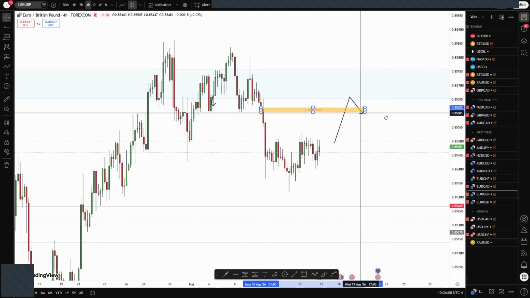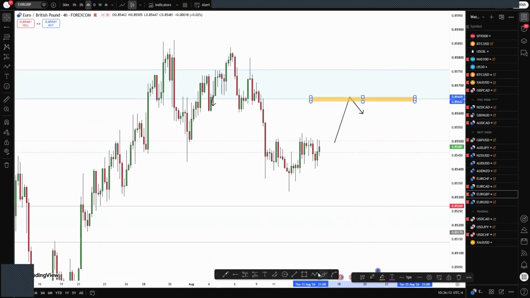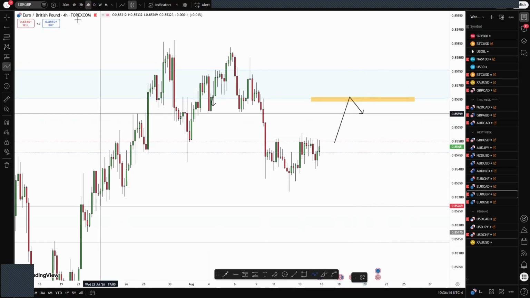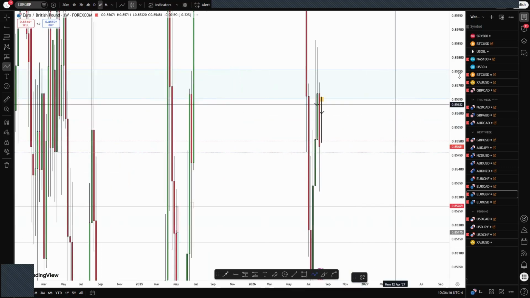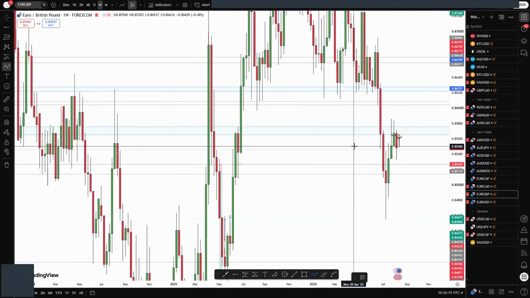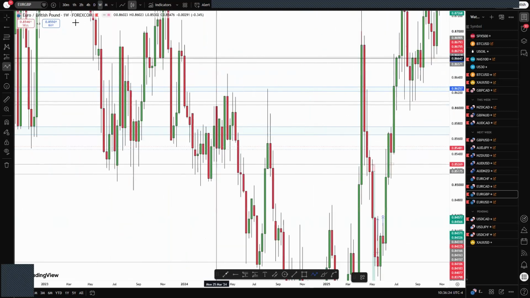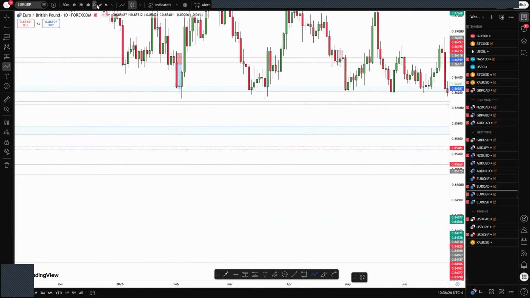The same way we repeated that shift, just repeat the same movement here, and then I can sell, because the weekly is bearish.